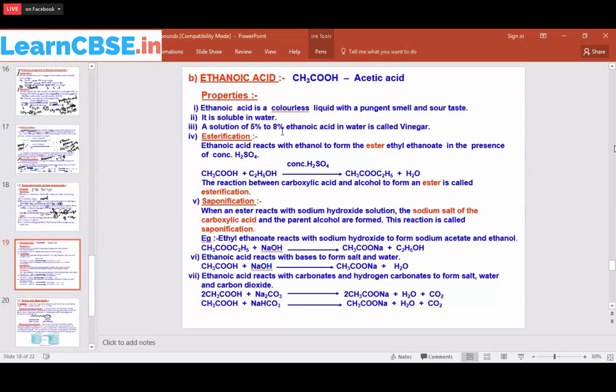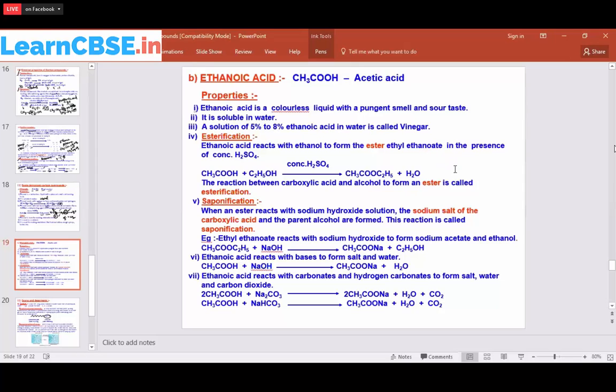So the properties: ethanoic acid is a colorless liquid with a pungent smell and a sour taste. So it is easily soluble in the water, and a solution of 5 to 8 percent ethanoic acid in water we call a vinegar.